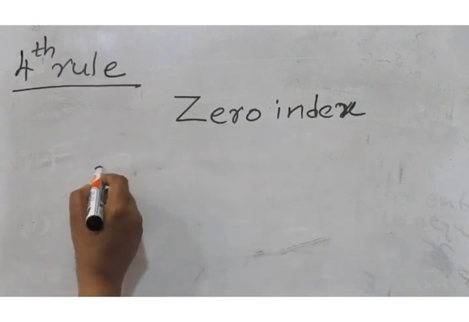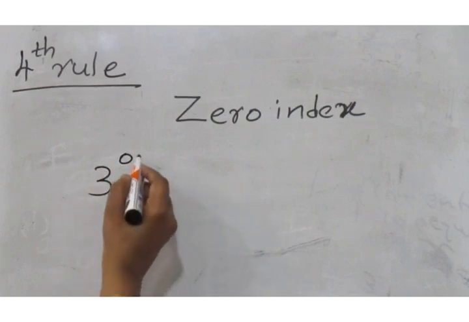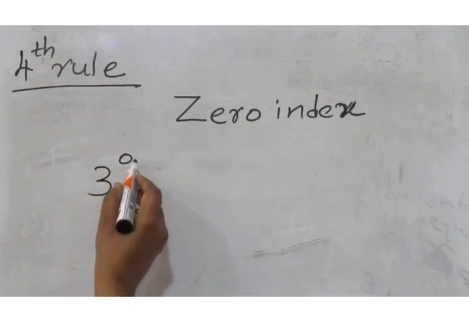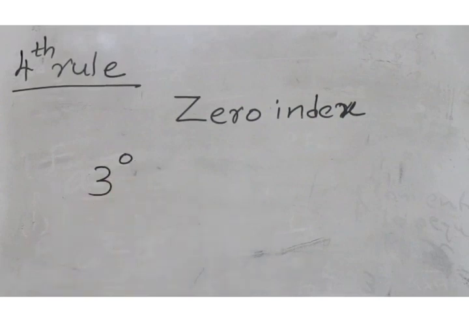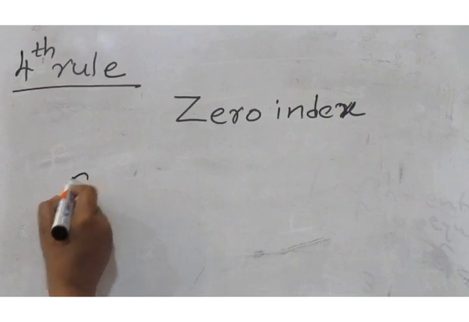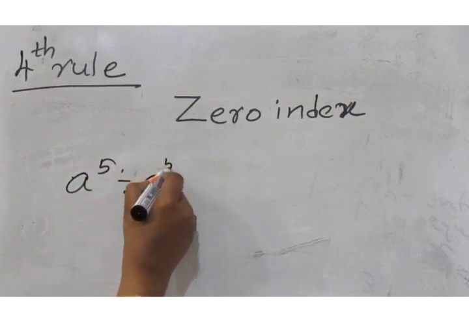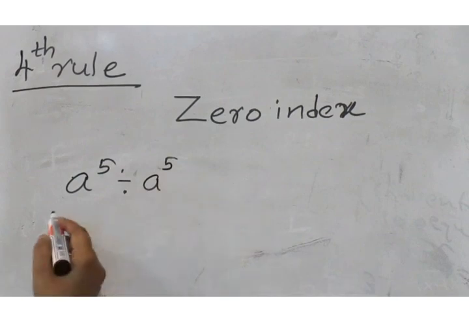Now see this power. Here the index is 0, therefore this is called a power with index 0. Now see this expression. Now this expression can be simplified in two ways.